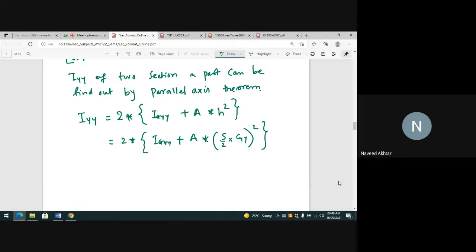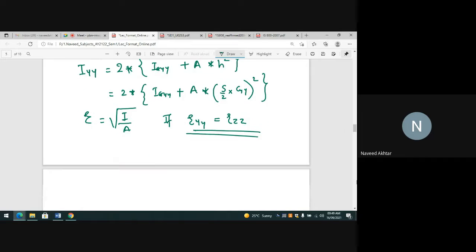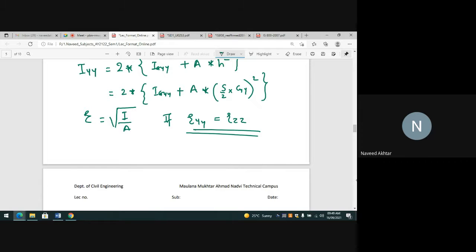Now we know that radius of gyration R is equal to under root of I upon A. If you have to put RYY equal to RZZ, it means that we have to equate IZZ equal to IYY.